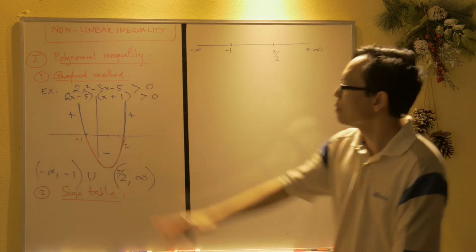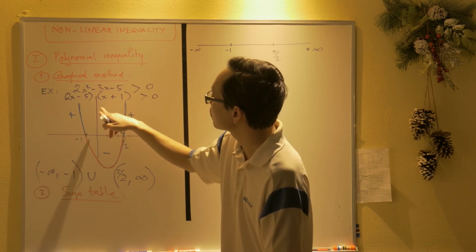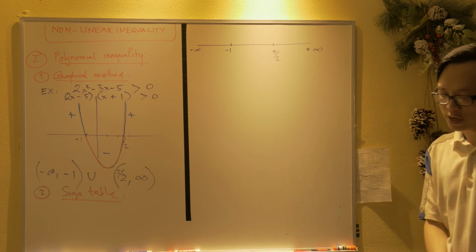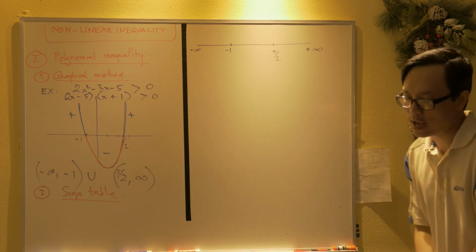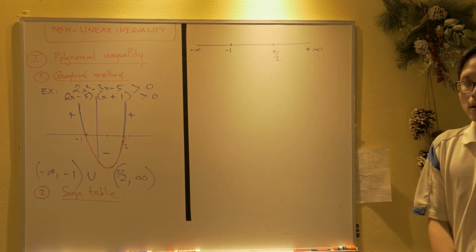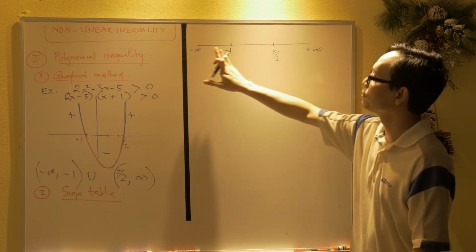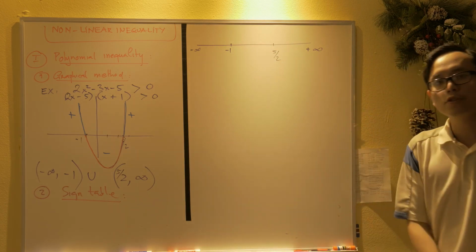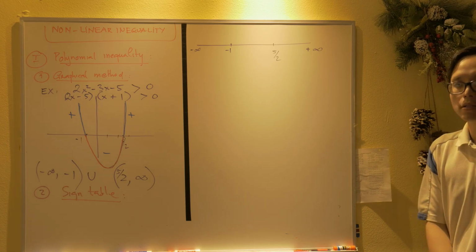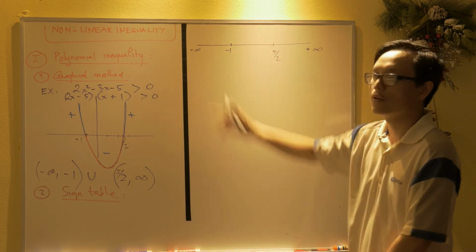Let me check one more time if I factored right: 2x squared minus 3x minus 5. Yes. So after I mark the two x values on my number line, it divides my number line into 3 parts, 3 intervals. We need to check what sign, positive or negative, will be in each interval here.